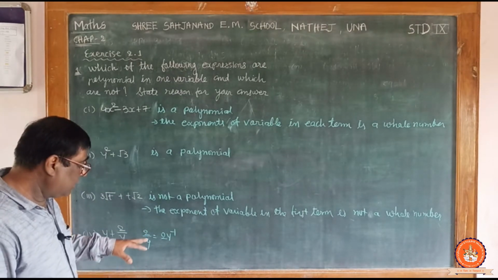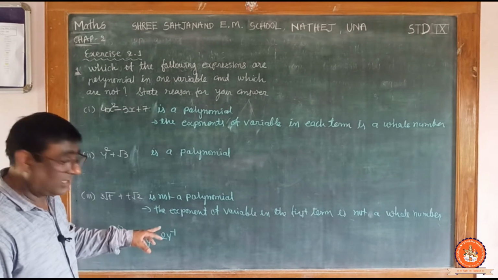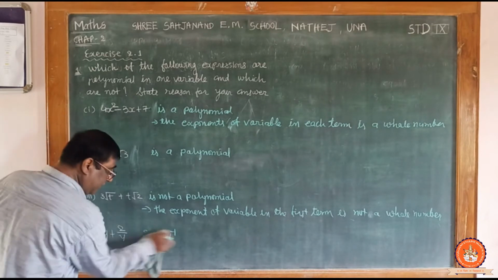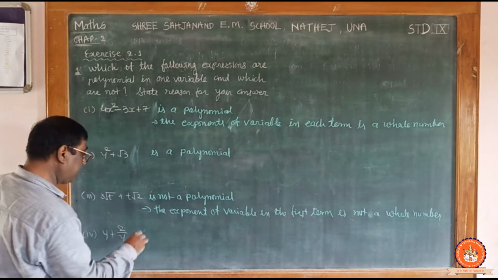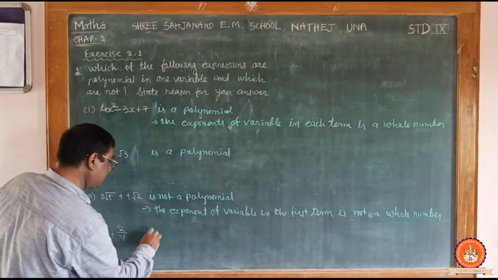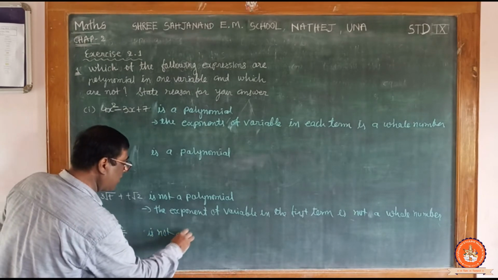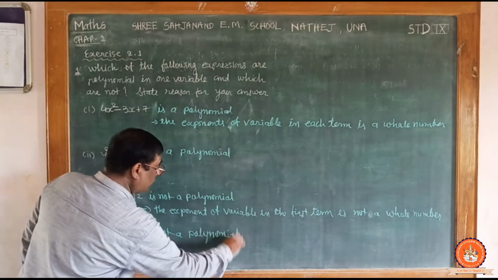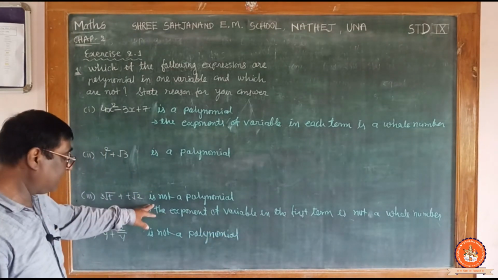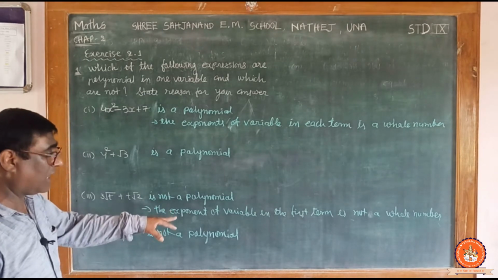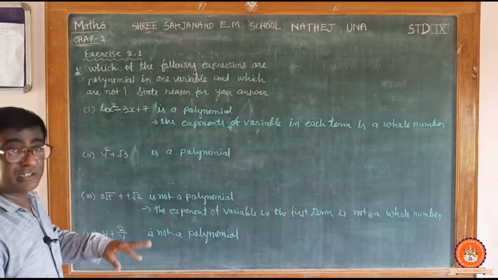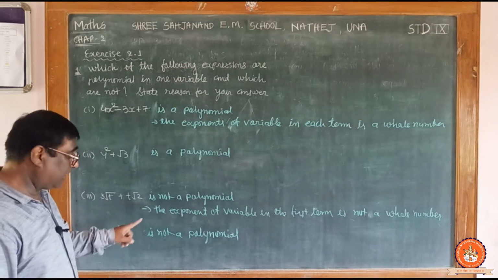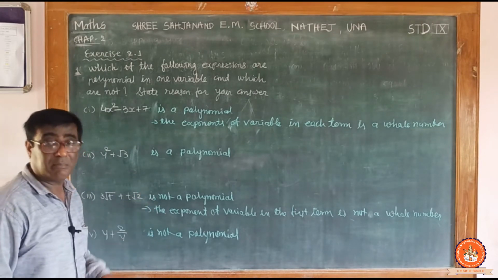This means the power of the variable is negative here, and if the power of the variable is negative, then the given expression is not a polynomial. So you can write the same reason for that: the exponent of the variable in the second term is not a whole number, and that is why this one is not a polynomial.